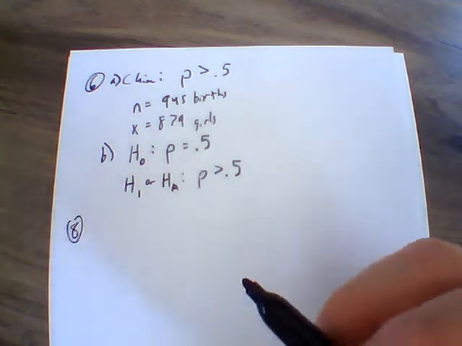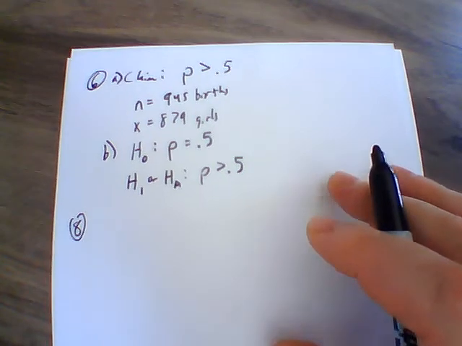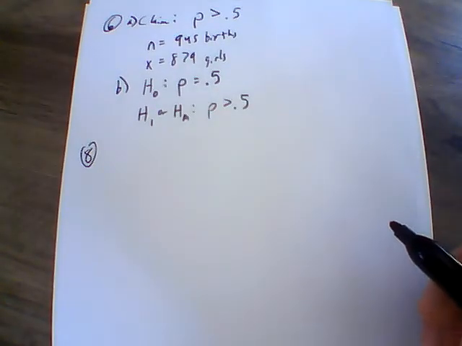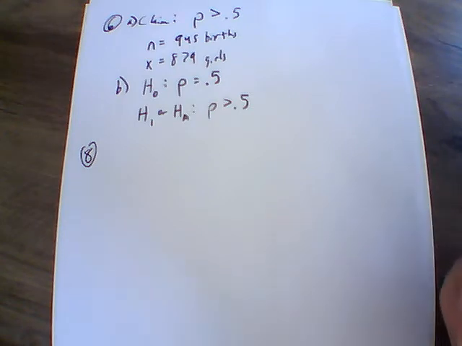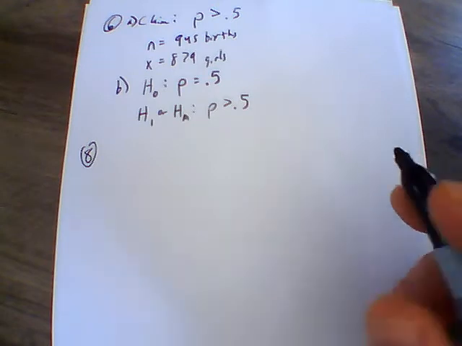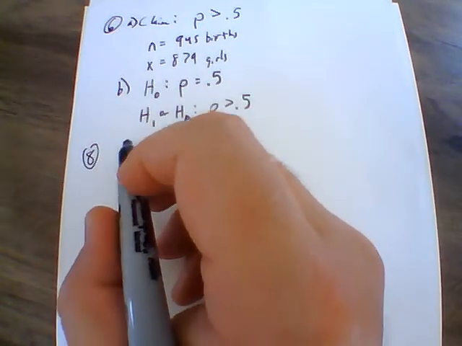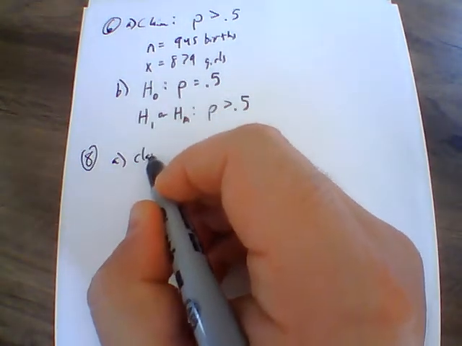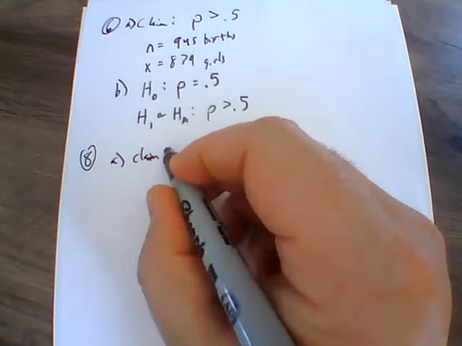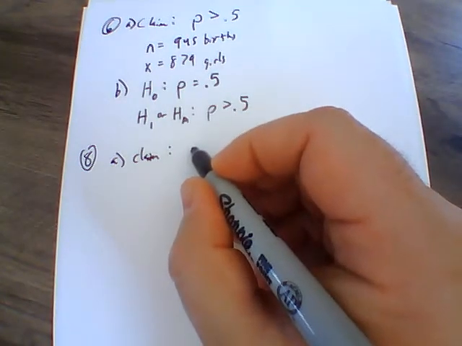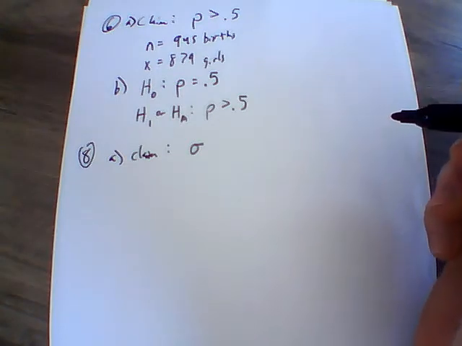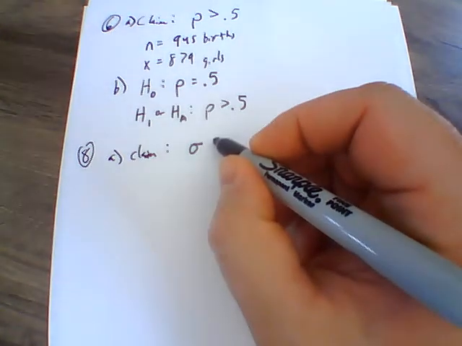If we look at number 8, they tell us the claim is that the standard deviation of pulse rates of women is at least 50.